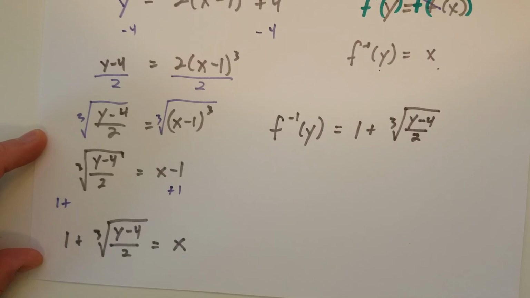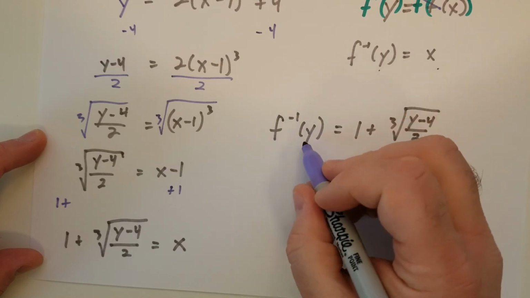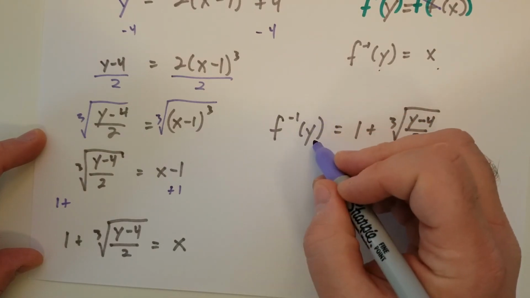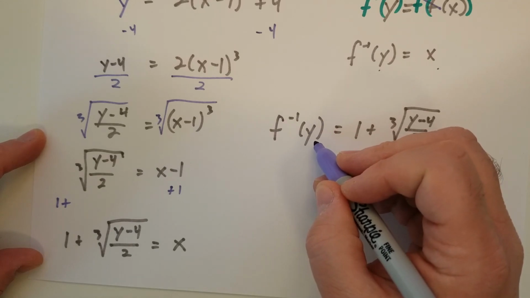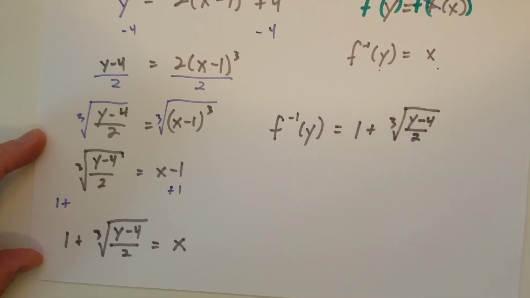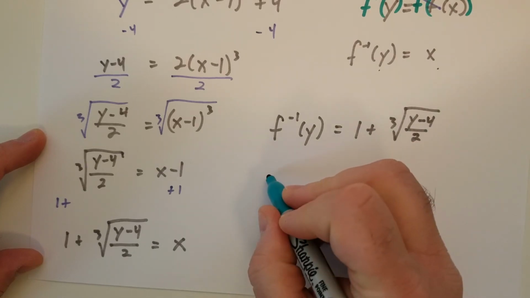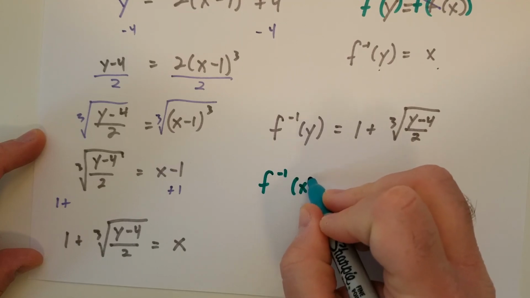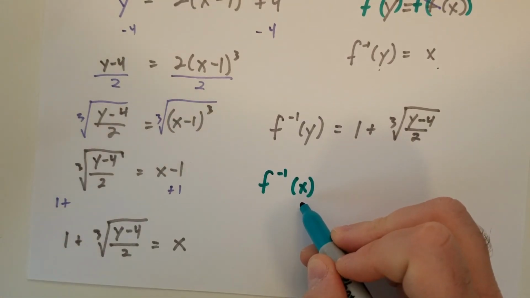Here's the kicker, though. Mathematicians are lazy or efficient, depending on who you ask. And we typically don't like to put y's as the inputs of anything. I don't know why. So a mathematician will usually write this, regardless of if it makes sense or not, as a function of x. X is just the standard input for any function.